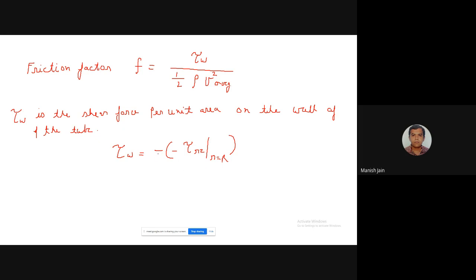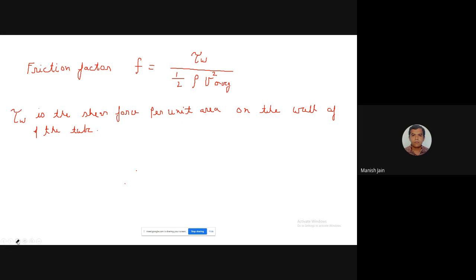This minus is for changing the direction of force. Tau W is the shear force per unit area on the wall of the tube.